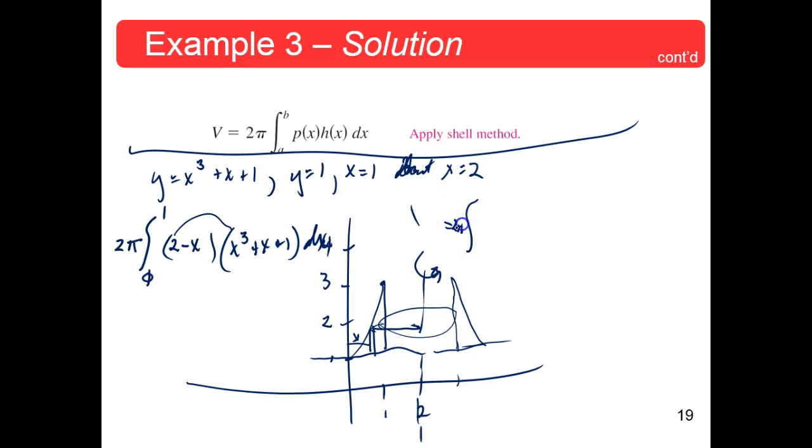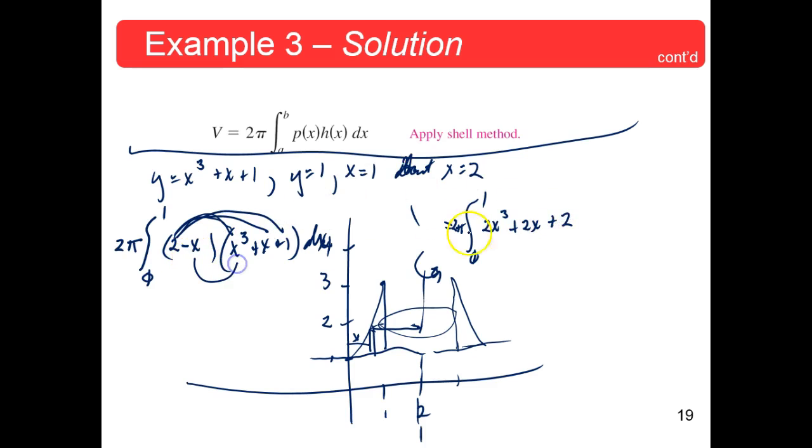2 pi times the integral from 0 to 1 of 2x cubed, right? That's your x cubed term. Oh wait, going to have more. You have a plus 2x. You have a plus 2.